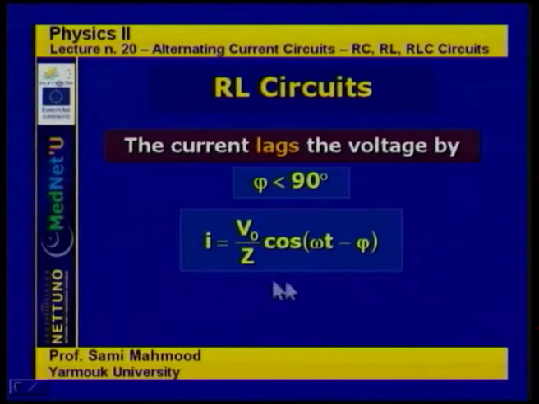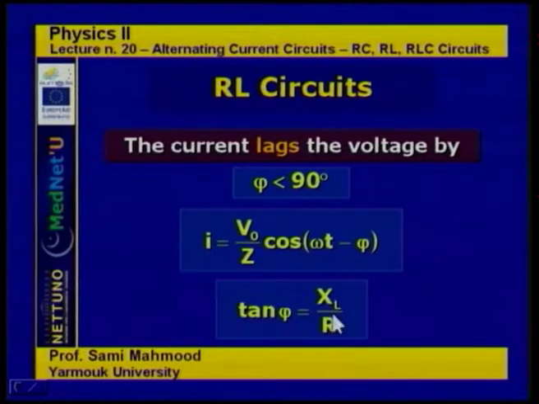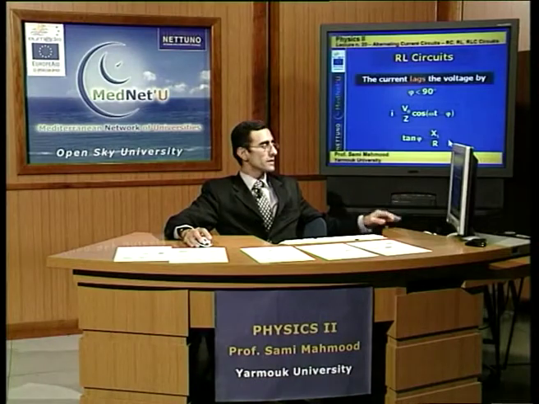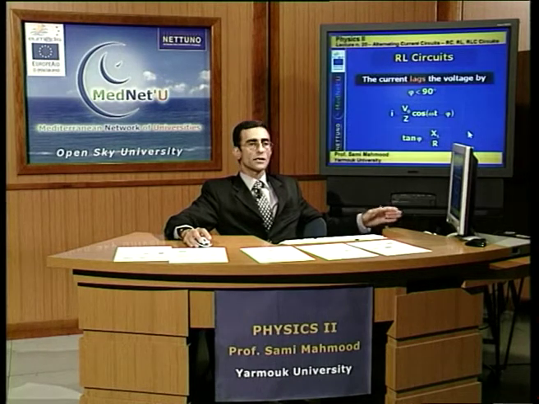The current is written as V naught over Z, the impedance of the circuit, times cosine omega t minus phi. And tangent phi is simply X_L over R. This is in the case of the RL circuit.